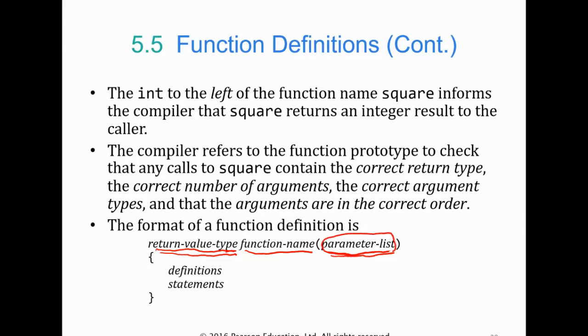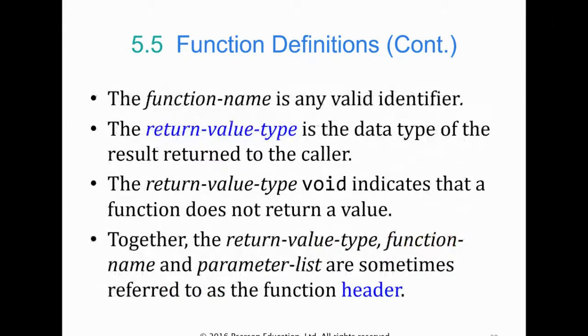In the definition, you should not write the semicolon. And then you have curly braces, and inside you have the main definition of the function, or the body of the function, which tells the program what the function is going to do.